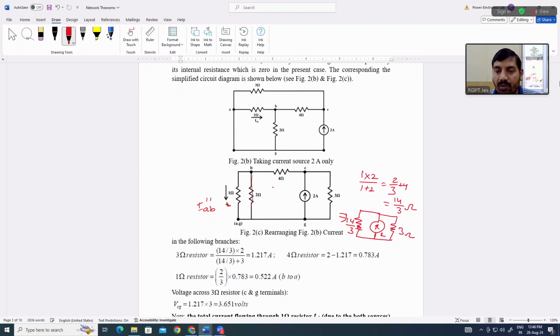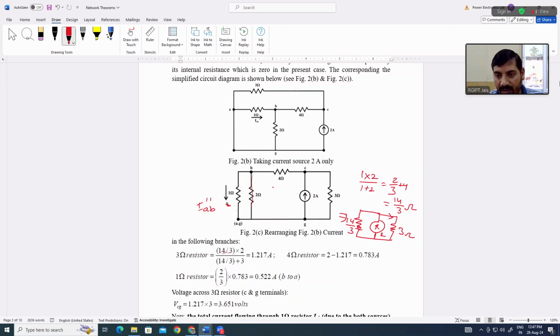We have to calculate the current flowing through this, IAB double dash, but we also have to calculate the voltage across this CG. So for that we are calculating the current in the 3 ohm resistor, which will be equal to 14 by 3.